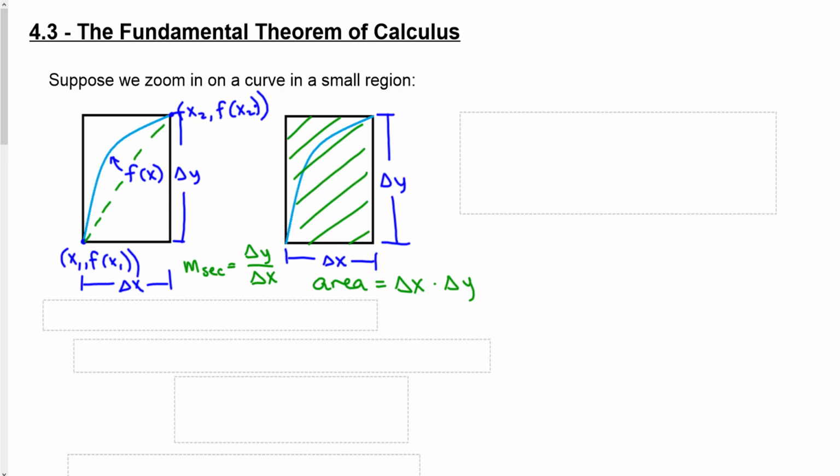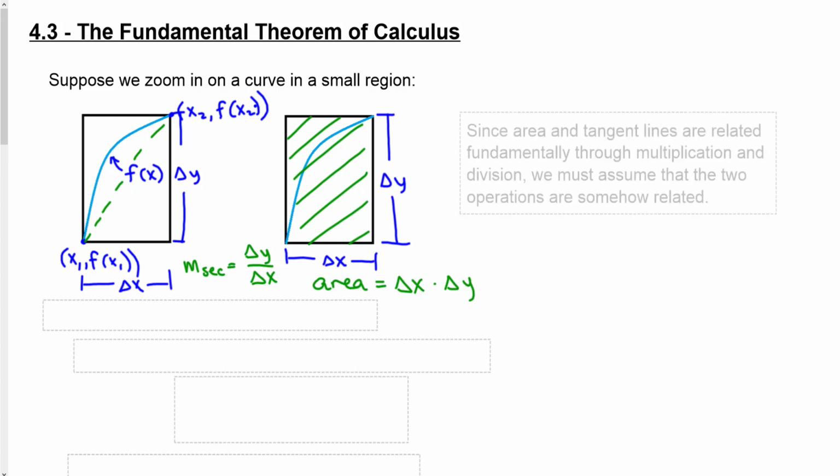Now consider that for a second. The two basic units that we have, delta x and delta y, are either multiplied together to give us the concept of integration, or divided to give us the concept of derivatives. That's pretty substantial.